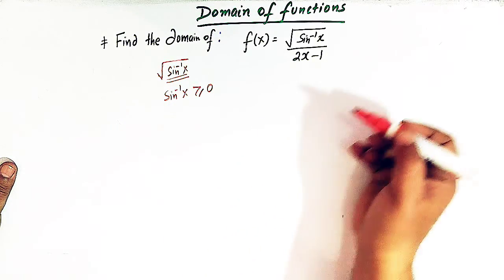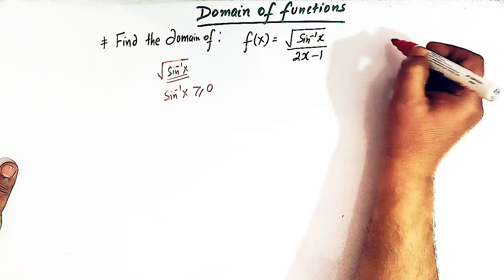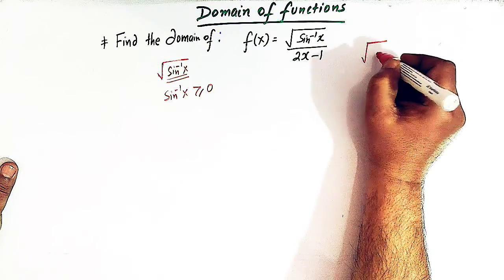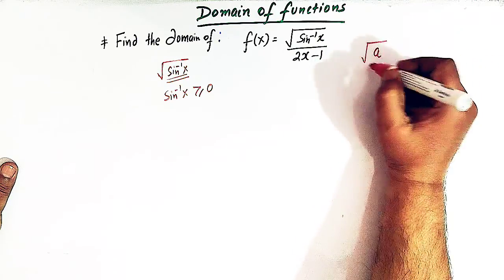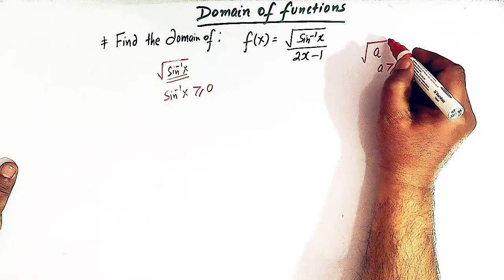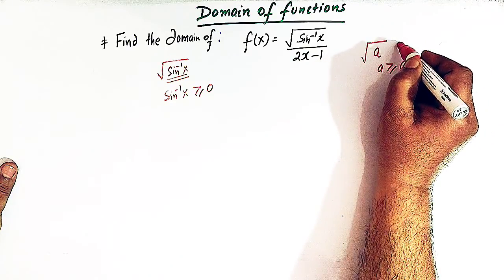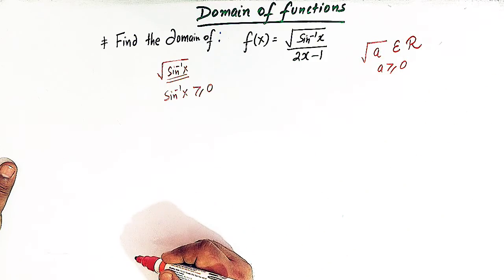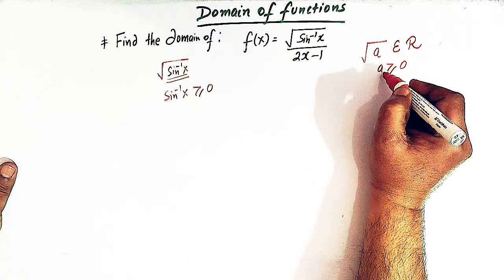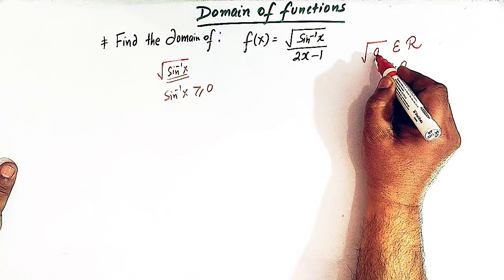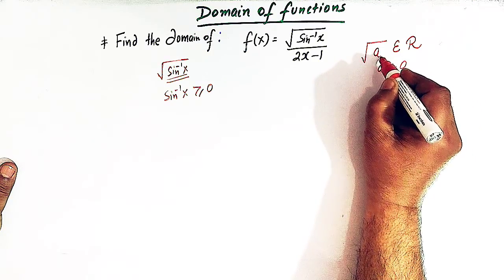Because from simple algebra we know that if we have an expression square root of a, then a must be greater than or equal to 0 for square root of a to belong to the set of real numbers, right? So this a is either equal to 0, or it should be a positive real number.